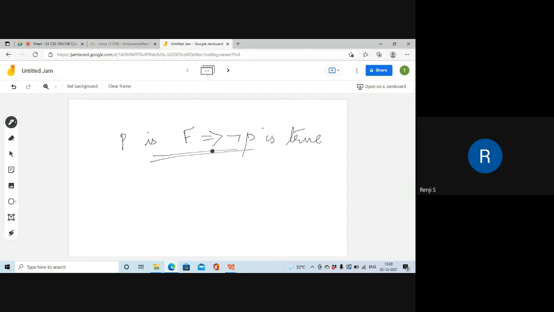The question says that we have to prove not P, whether it is true or false, and here we have proved that not P is true. Since P is false, not P is true.